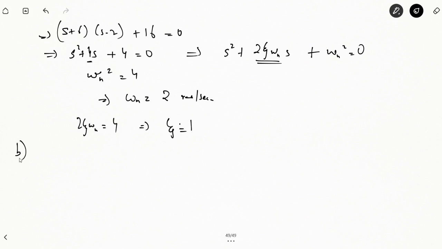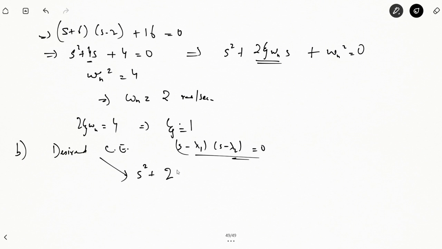Now you have been asked to design a controller for which the damping ratio will be 0.7. So the desired characteristic equation in the pole placement method we would get by using s minus lambda 1 into s minus lambda 2 equal to 0. Fine. This was for if we had to place the poles of this system at a particular location. But in this case, the desired characteristic equation will be s square plus 2 zeta omega n s plus omega n square. Fine.